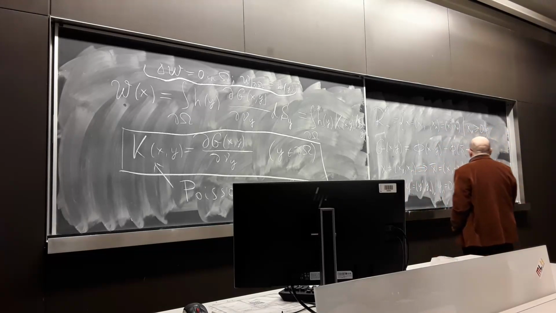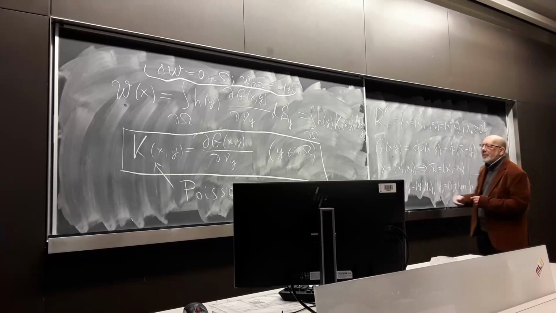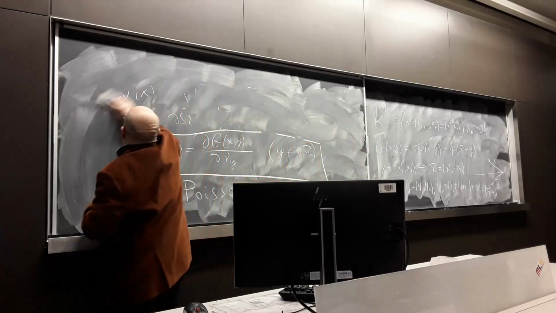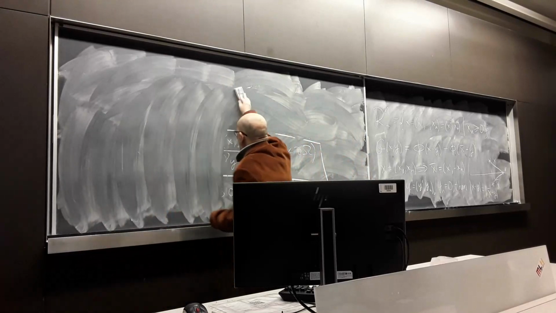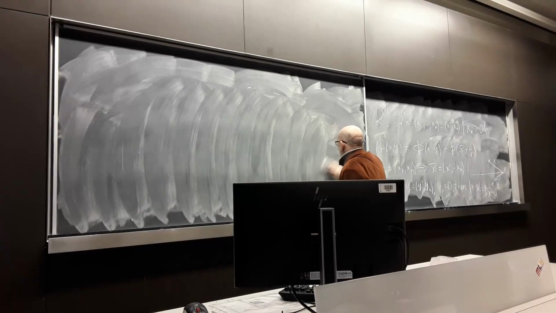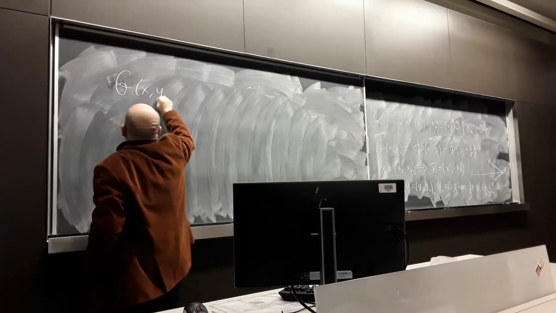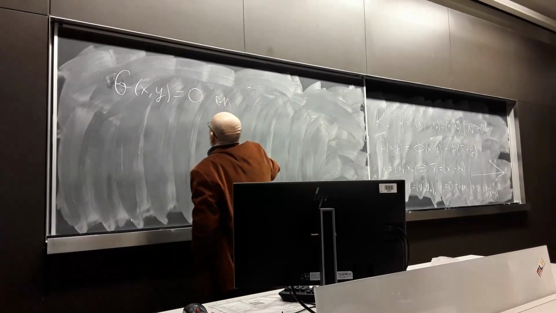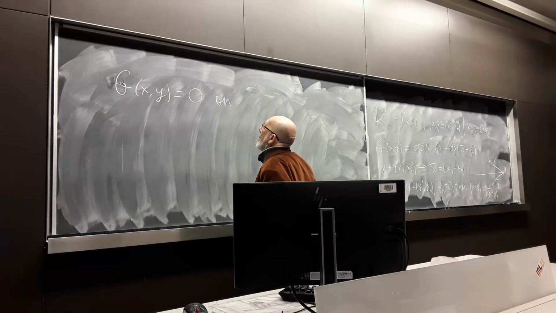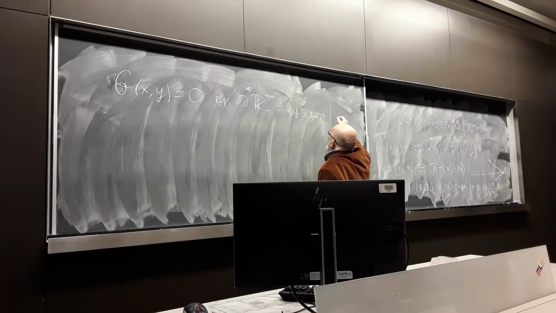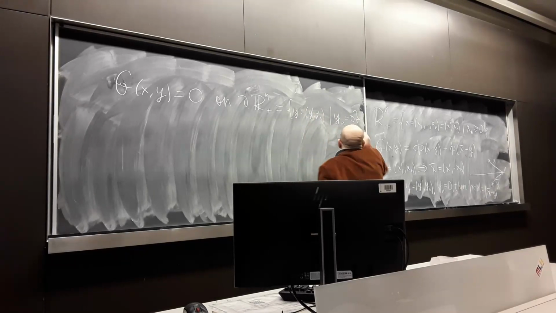And so this means that G of x, y is 0 on the boundary of R n plus, which is y prime, y n, such that y n is 0.